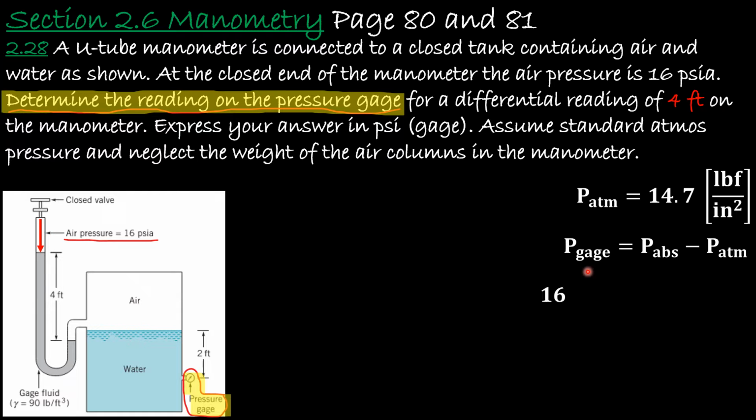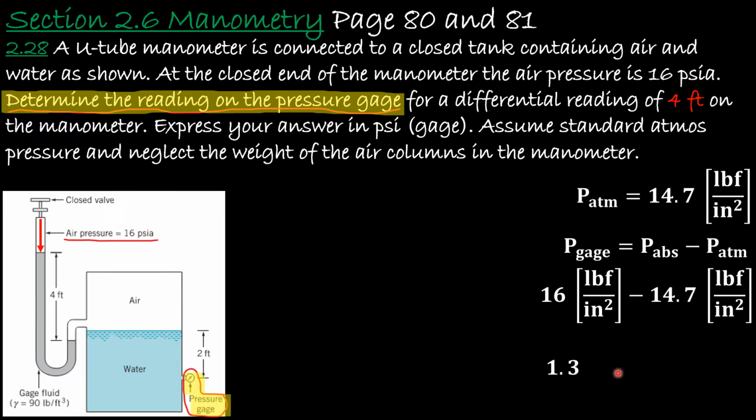So in here, the absolute pressure is given to us as 16 pound force per square inch. Minus, we assumed a standard atmospheric pressure, which is 14.7 pound force per square inch. So 16 minus 14.7 will give you 1.3 pound force per square inch.